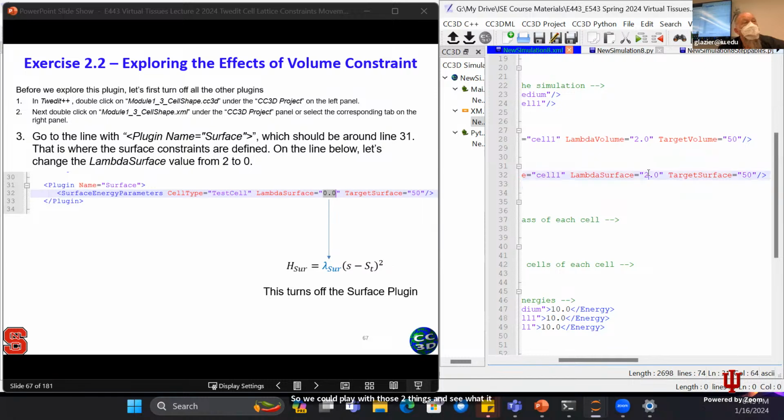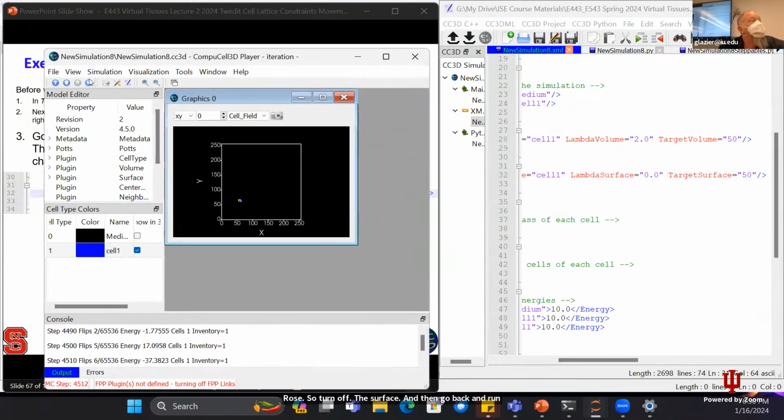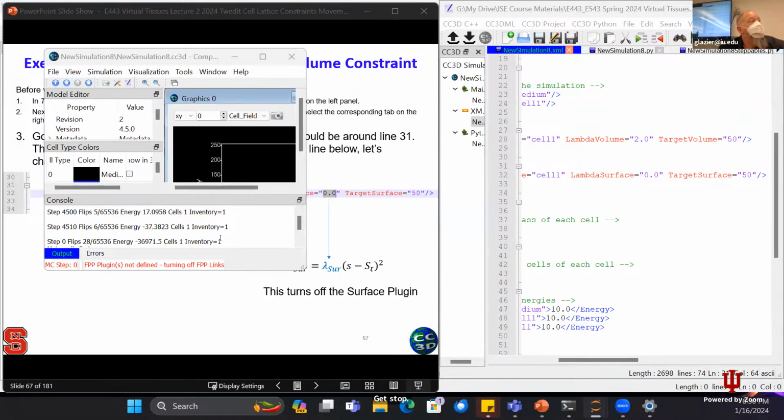The first thing we're going to do is turn it off. If we make lambda surface 0, then the effective energy contributed by that is 0. And so that's how we could turn it off without deleting those rows. So turn off the surface, and then go back and run your simulation again. Hit stop and step, and run it again.